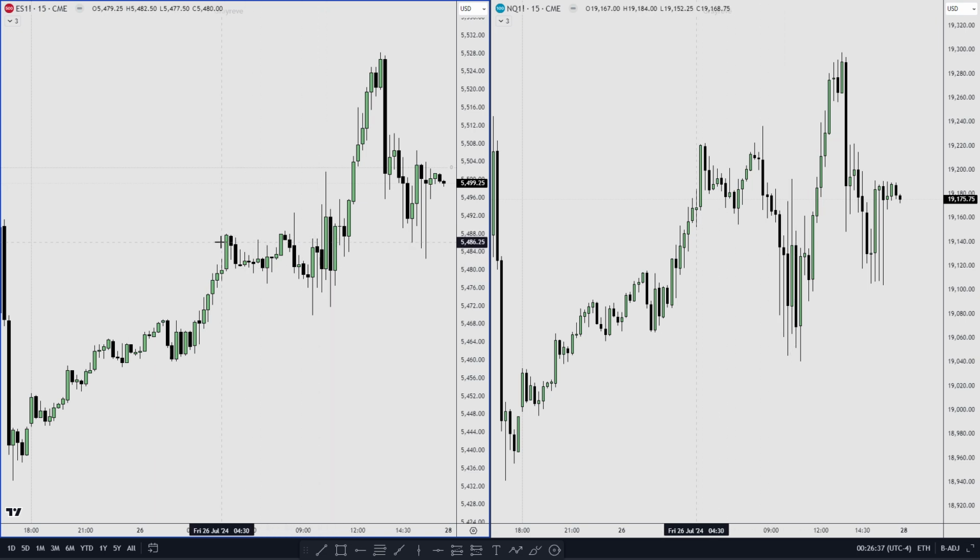This is basically seek and destroy. We have an expanding range. You have higher highs, lower lows. This is your typical seek and destroy profile. While we are having a seek and destroy profile on ES, NQ is trading lower but unwilling to continue lower.